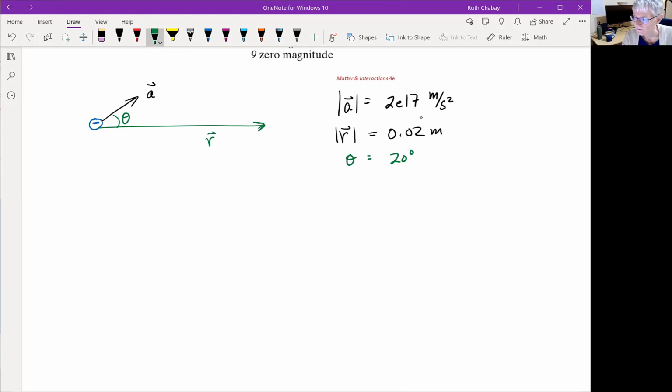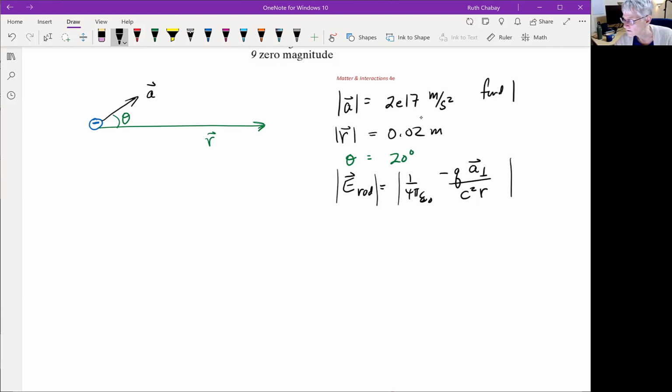Okay, so the first thing we have to do, and here's our equation, E radiative is 1 over 4 pi epsilon 0 minus Q A perpendicular over C squared R. And we just want magnitudes here. So find the magnitude of E radiative.